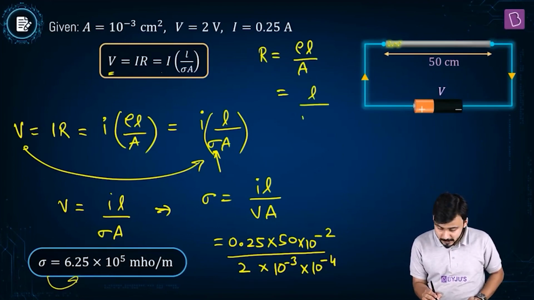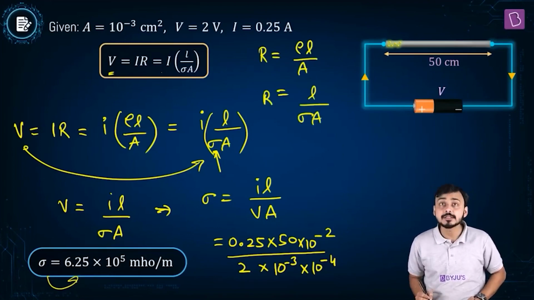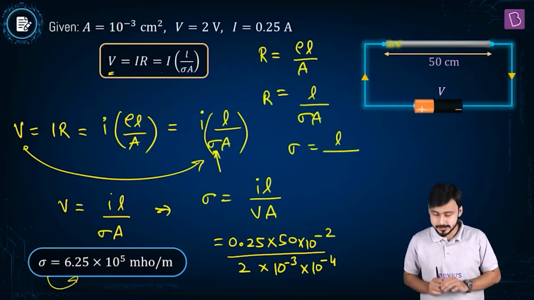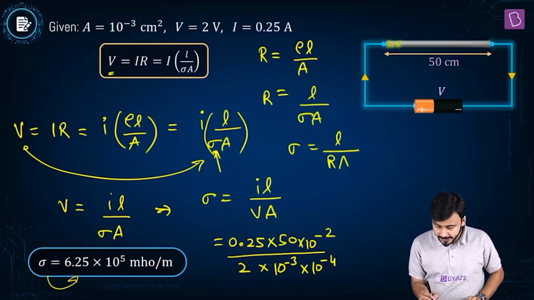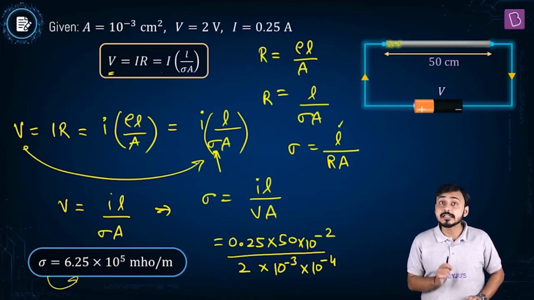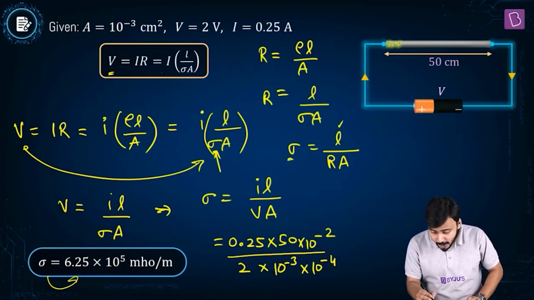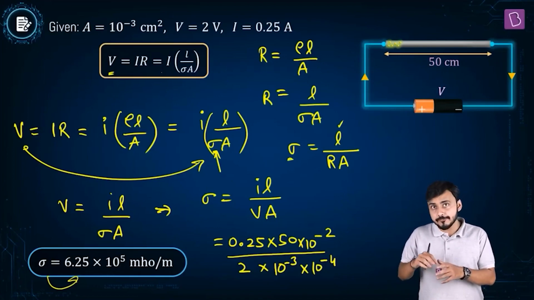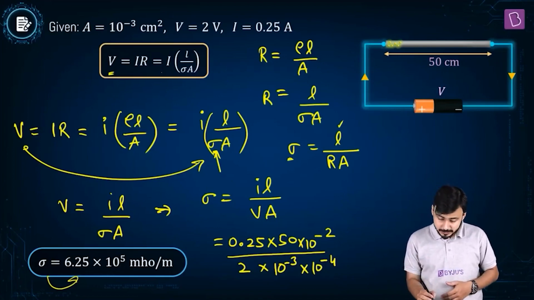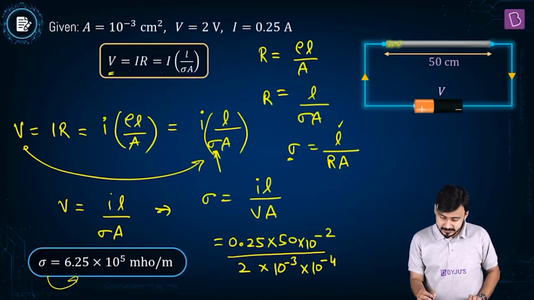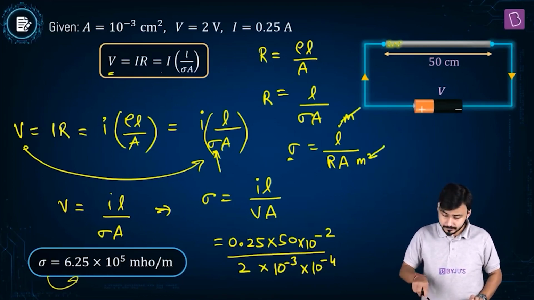So it becomes L upon sigma A. So sigma becomes L upon R into A. I'm just talking about the units: A is meter square and L is meter, so one meter cancels.